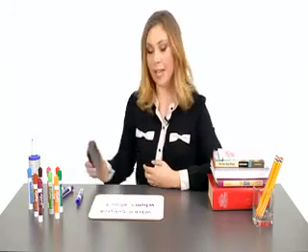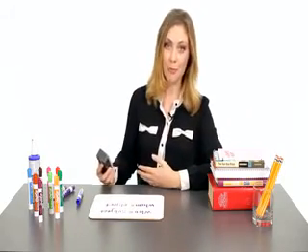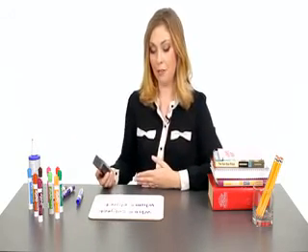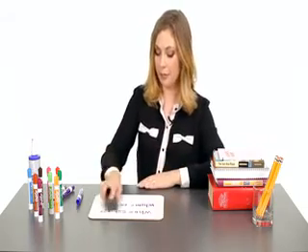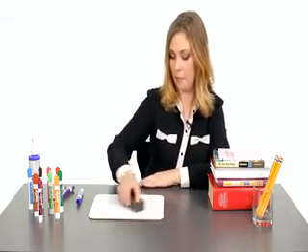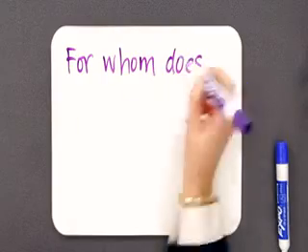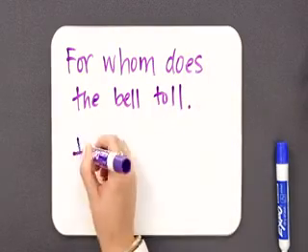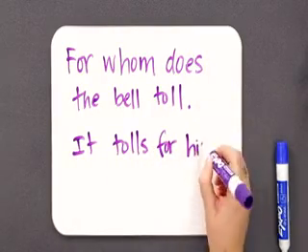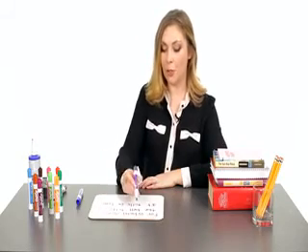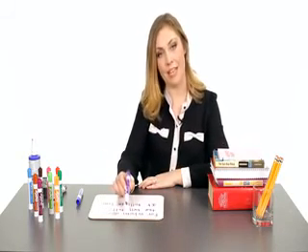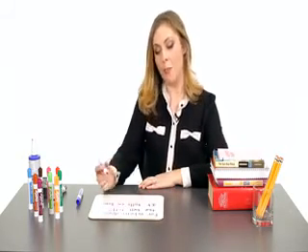So to decide whether you need who or whom, you have to decide if you're looking for a subject or an object. Let's revisit the example, "For whom does the bell toll?" Again, we're using whom because it is the object of the sentence.